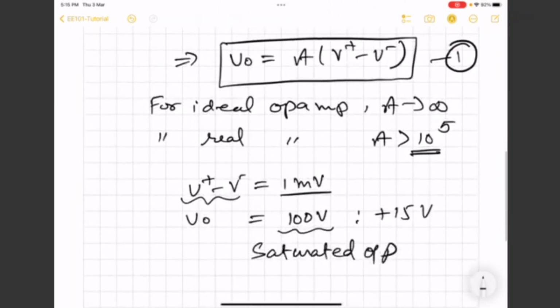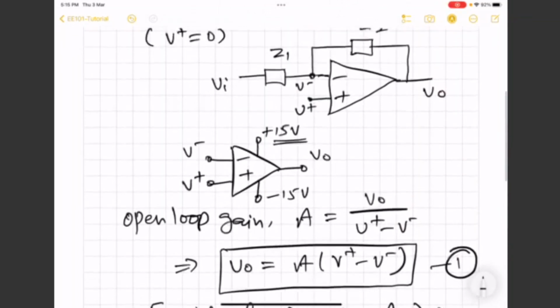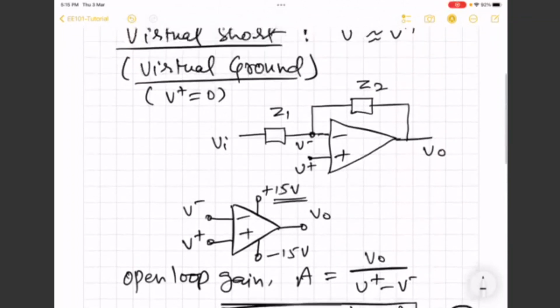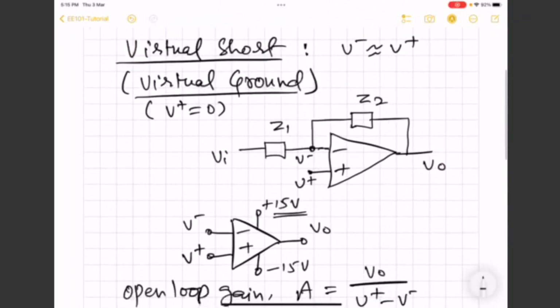Okay, as I pointed out, we want to know what happens to the relation between V plus and V minus and when this is valid.